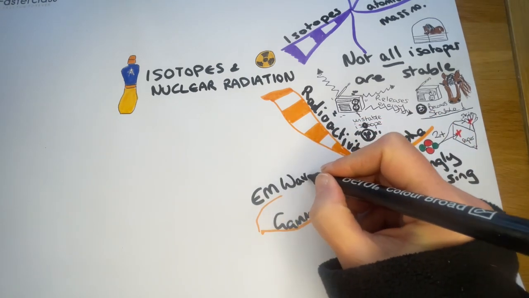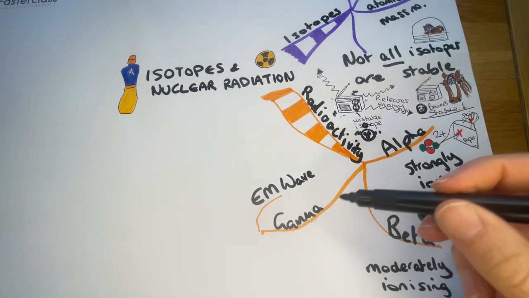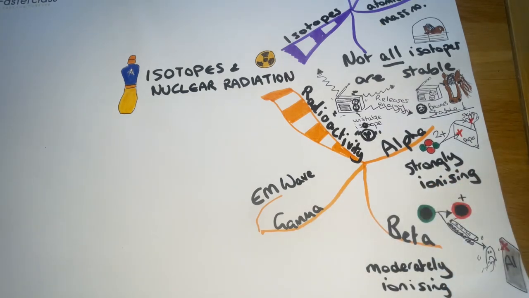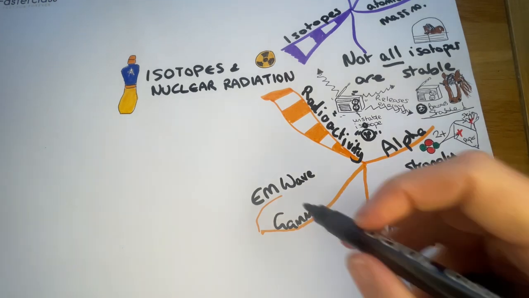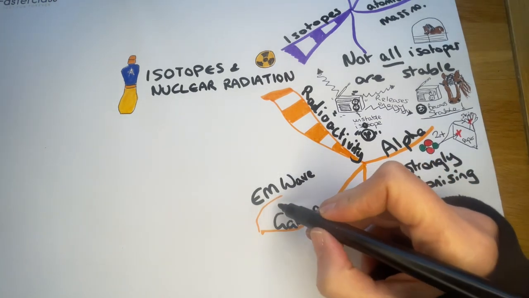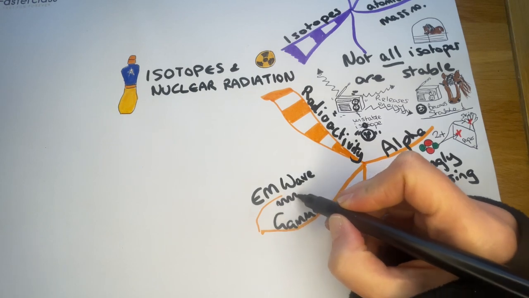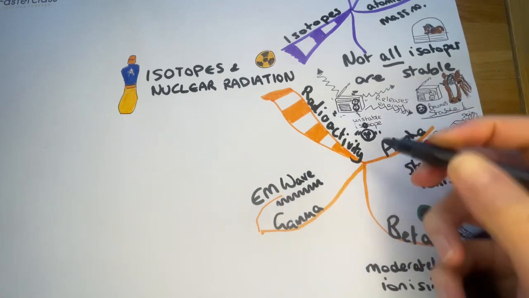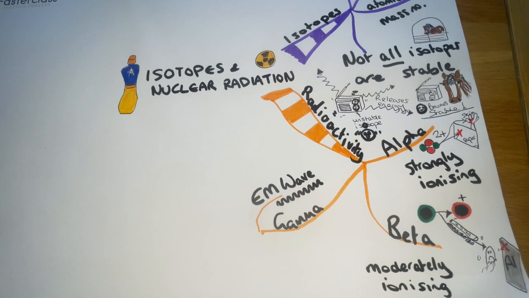It's on the electromagnetic spectrum. Up the very top, if you remember, it's got high frequency and it transfers a lot of energy. And it's a transverse wave. All electromagnetic waves are transverse waves. So I'm going to do a wave like this because it's got a high frequency and a short wavelength. Transfers a lot of energy, does gamma.